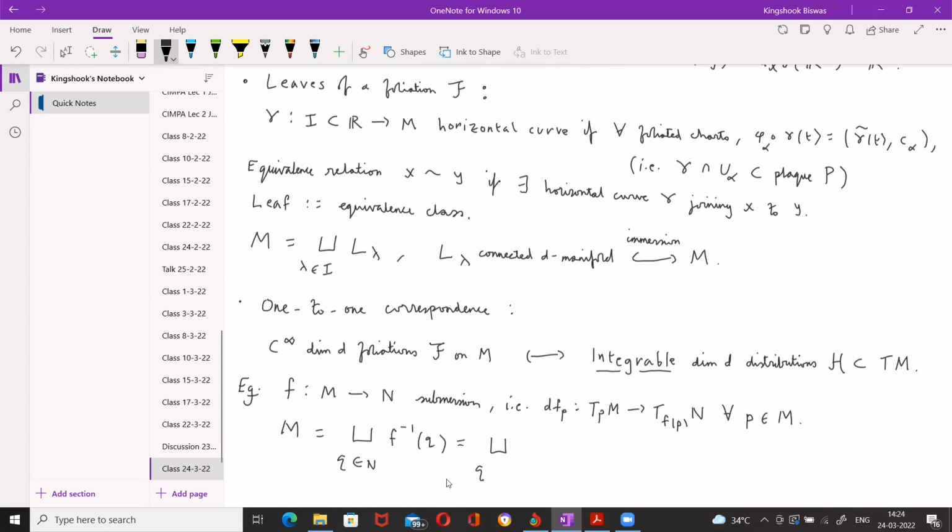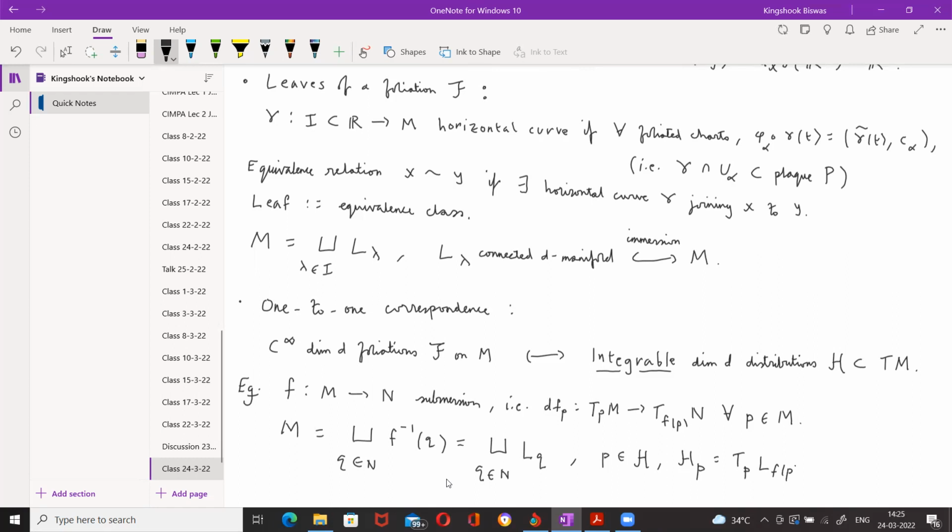So your leaves are just inverse images of points. All right. And what will the distribution be? For p in M, this is the tangent space to the leaves. So H_p is equal to the tangent space at p of the leaf L of F(p).